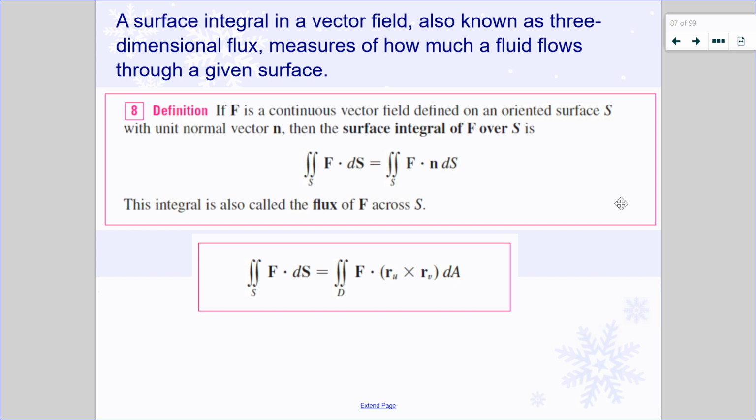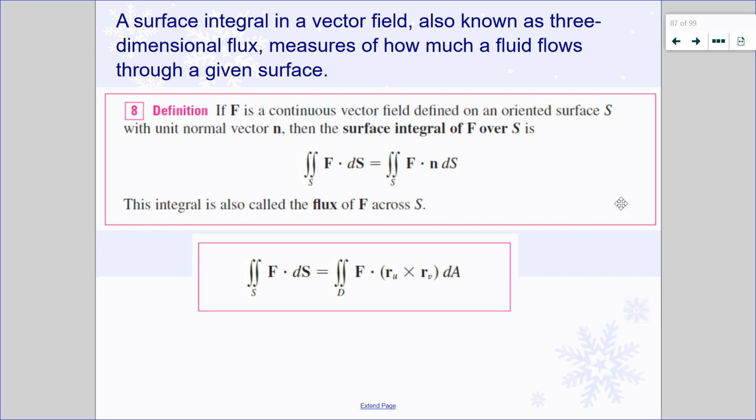The oriented surface has no tension to it, so the surface itself doesn't restrict the flow at all. Consider, for example, a fishing net, where fluids can flow in and out of it freely. It isn't restricted at all. You can consider how much fluid flows. That is the flux, and the surface integral of the vector field over that surface is the flux. That's what this surface integral calculates.